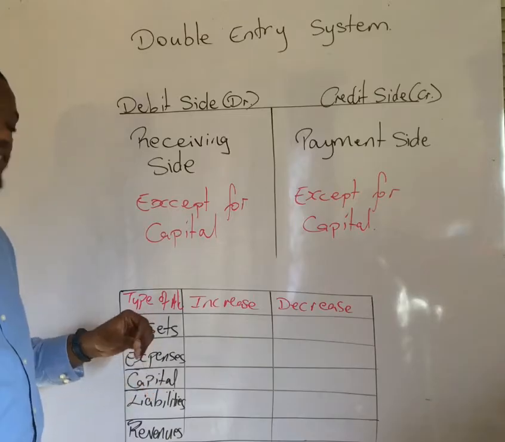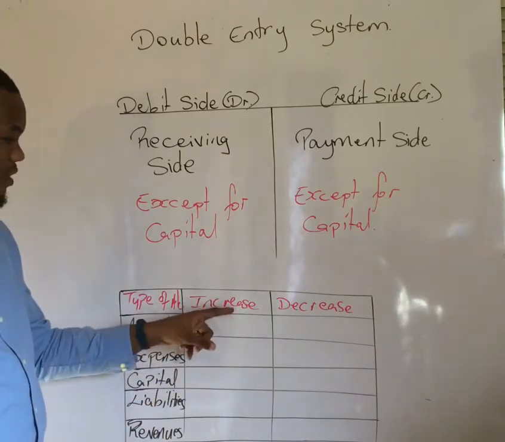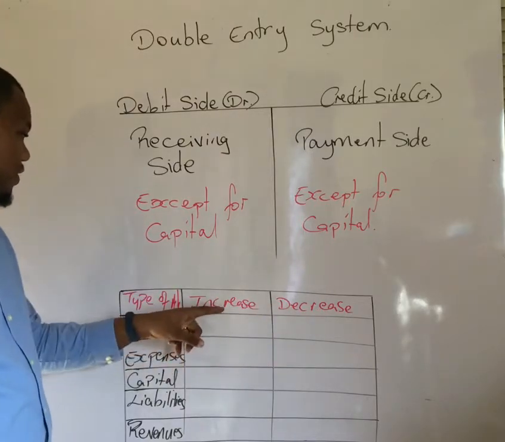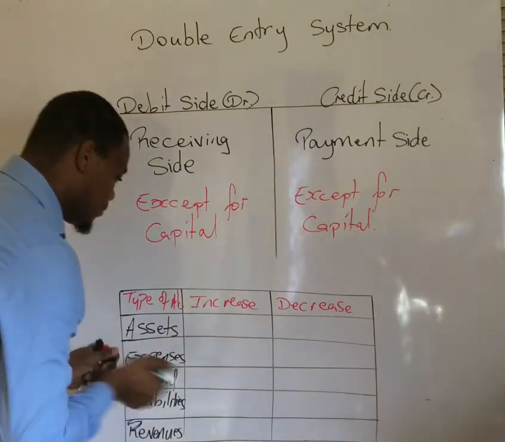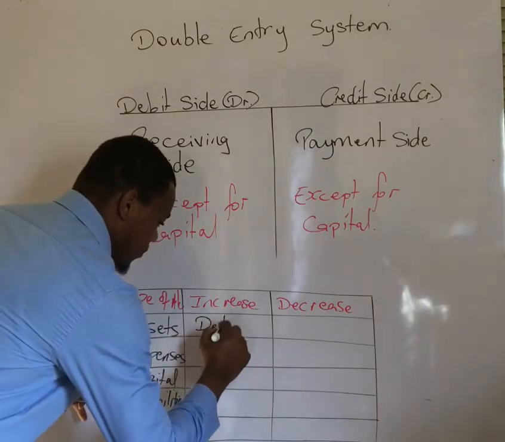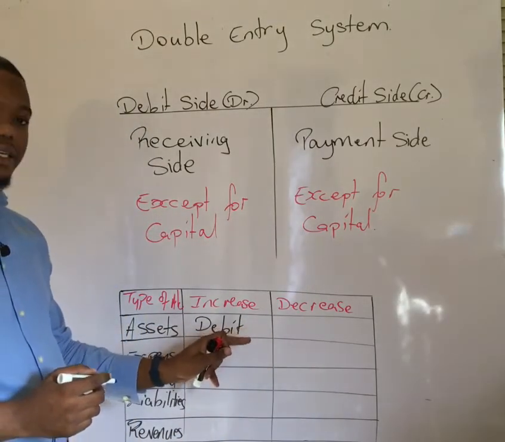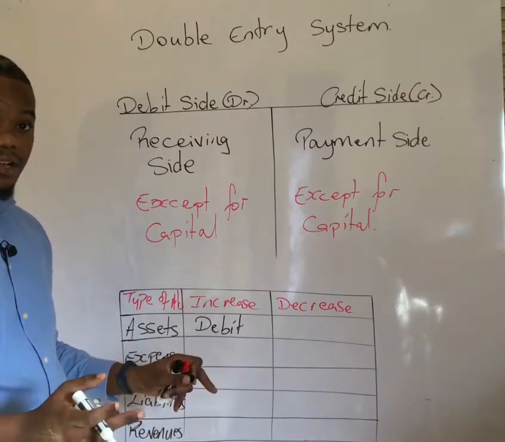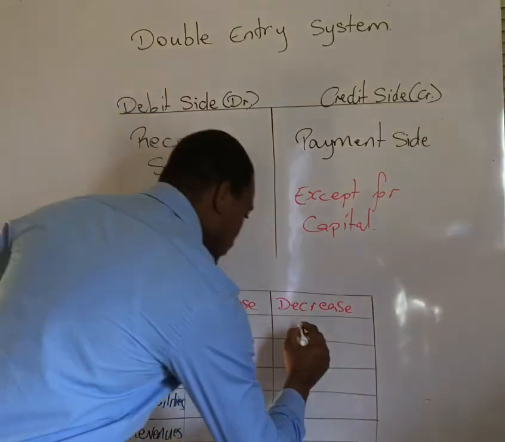Then it is important to know how to record in these accounts based on whether the account increases or decreases. So if there is an increase in an asset account, we would debit, and it goes for either fixed asset or current asset. If there's a decrease in an asset account, we would credit.